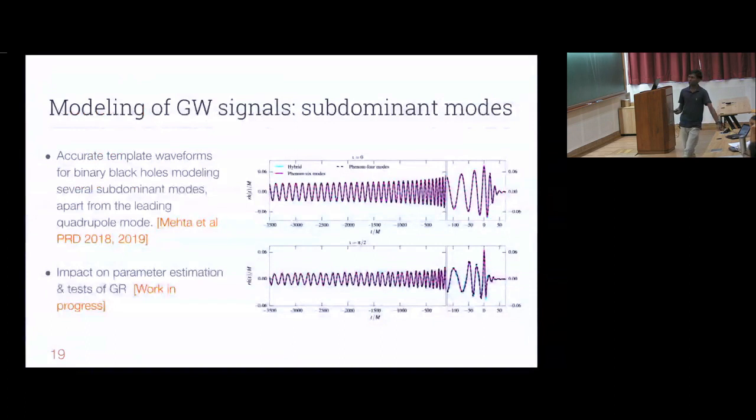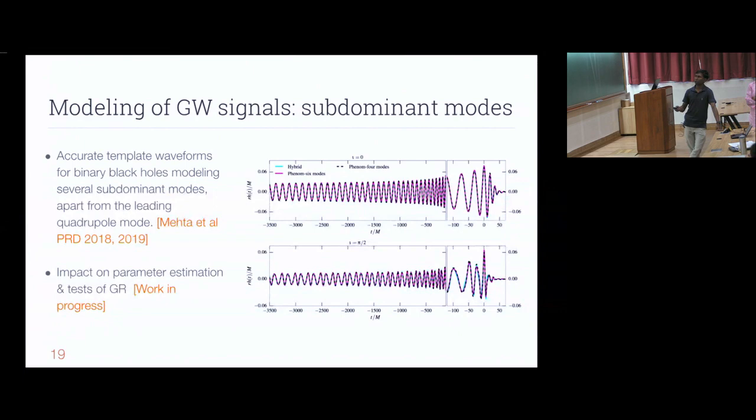Here, what we are doing is trying to incorporate higher modes in the waveforms by combining analytical models, the PN approximation models, along with the NR data, and then combining them phenomenologically to come up with an analytical phenomenological waveform model.